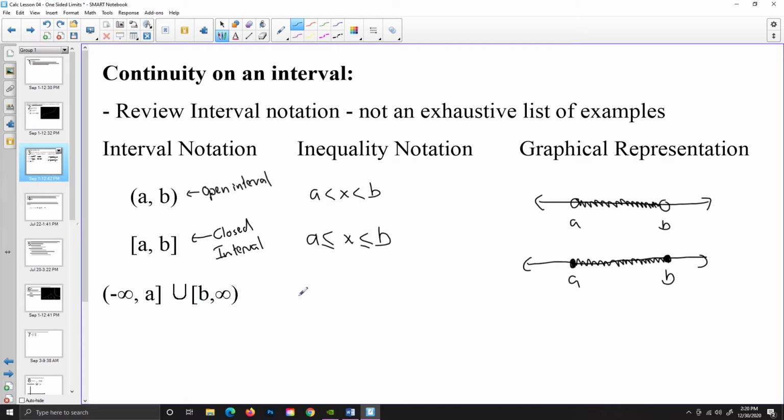So what we'll have here will be values of x that are less than or equal to a, or values of x that are greater than or equal to b. And what that'll look like is a closed circle at a and a closed circle at b, and we'll be talking about all the values less than a or all the values greater than b. All right.